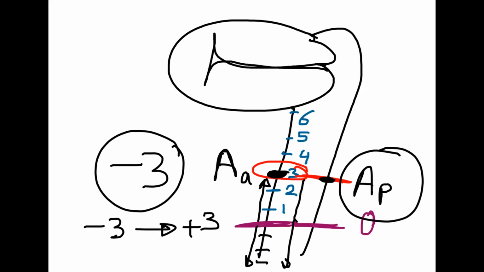So let's see what point B is. I'll draw again the uterus and the vagina, and here our reference point, which is the hymen at 0 level.